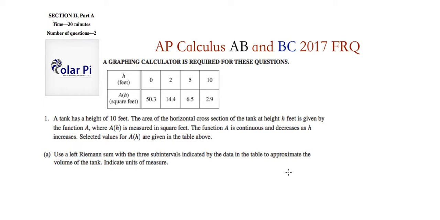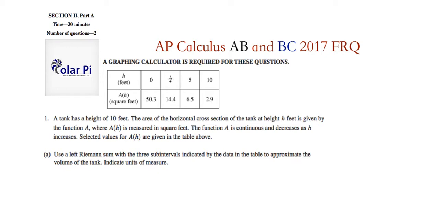As they said, if we use the subintervals suggested, we take 0 to 2. So delta x in your Riemann sum is 2, and since we're using left Riemann sums, we use the value on the left end of each interval. On the interval from 0 to 2, we use the value at 0, which is 50.3. So we do 50.3 times 2. The next interval is from 2 to 5, of length 3, so delta x is 3.